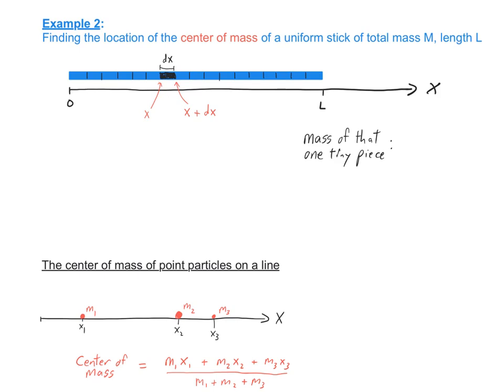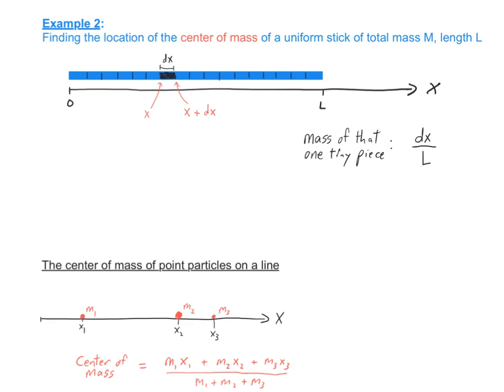The length of that one little piece of the stick is dx. The length of the entire stick is L. So this quantity here, dx over L, tells me the fraction of the stick that I have, in other words, the fraction of the stick that this little piece makes up.